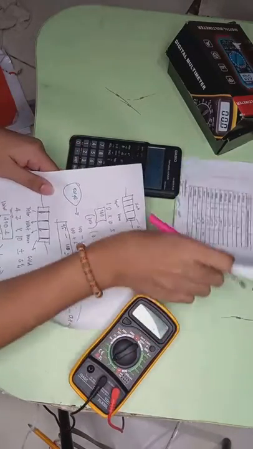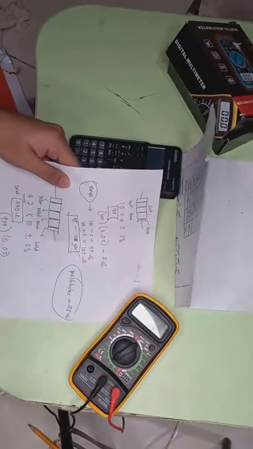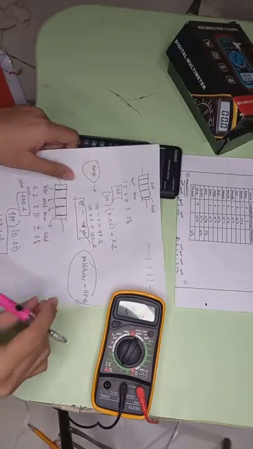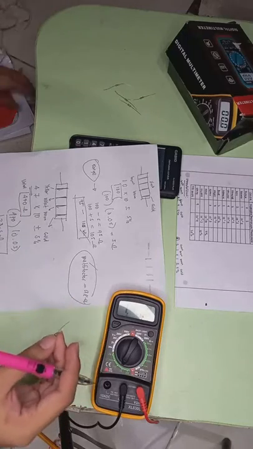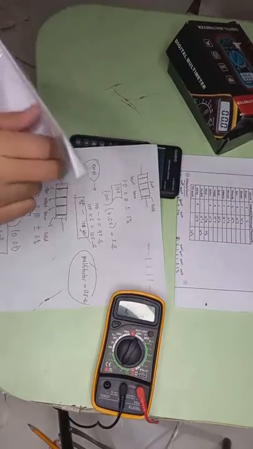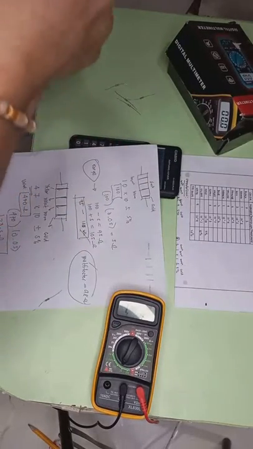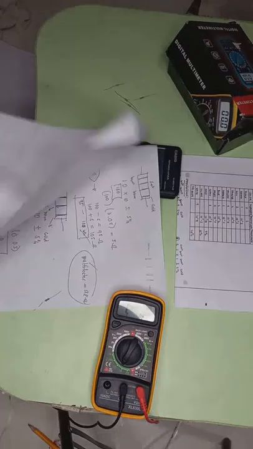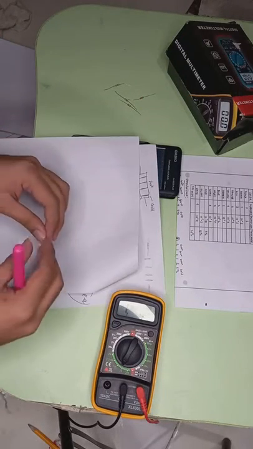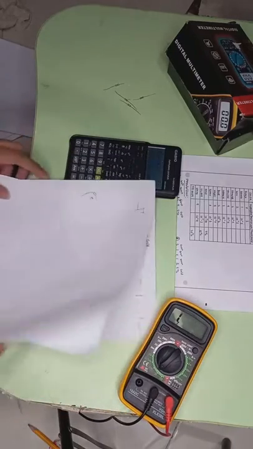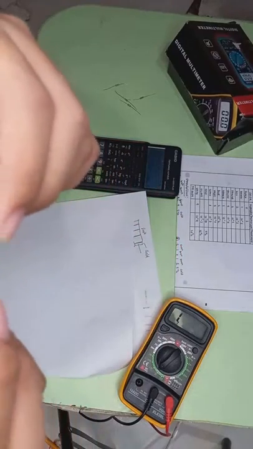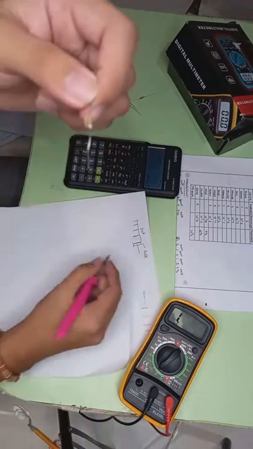So the last example, we need to also compute this one. The color of this resistor was green.